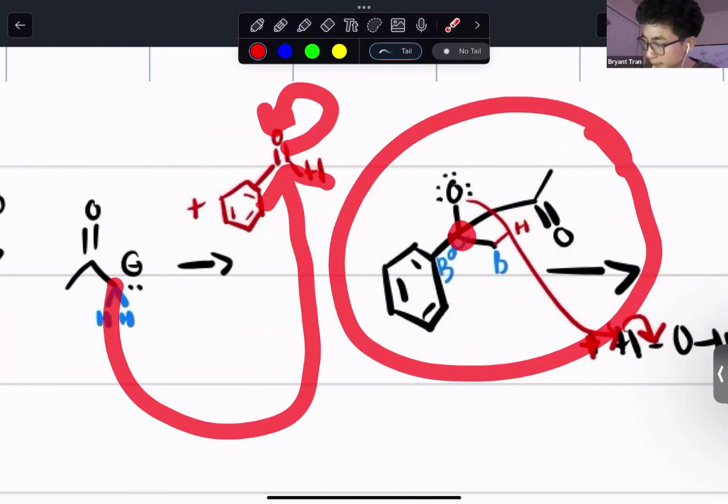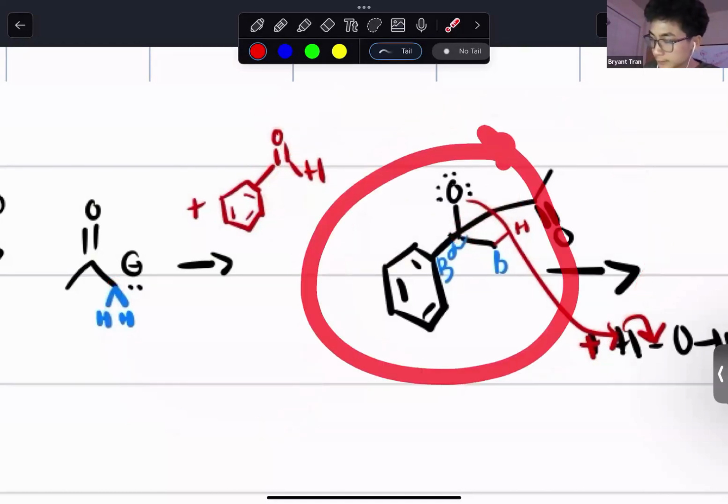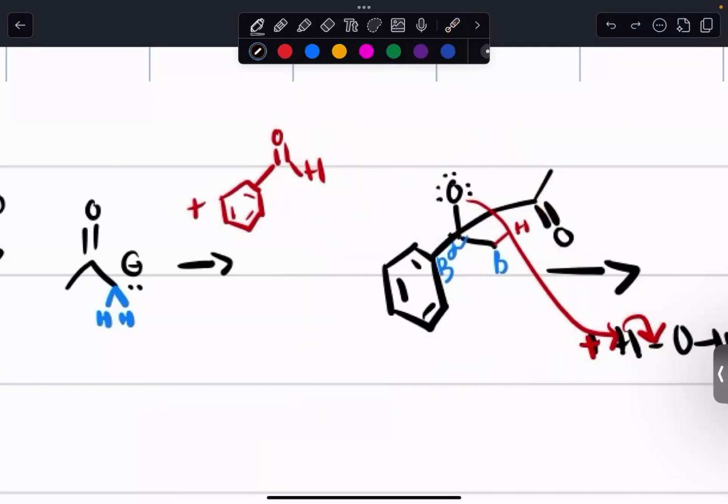So this right here would be the carbonyl carbon, and this would be the starred carbon, and that would be the new bond between them. But this molecule does not have this carbon, because that is a hydrogen, and we have to maintain that as the hydrogen like that.